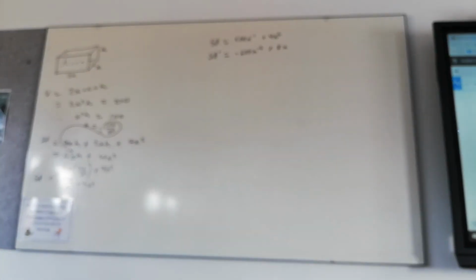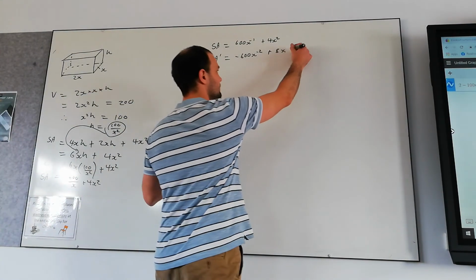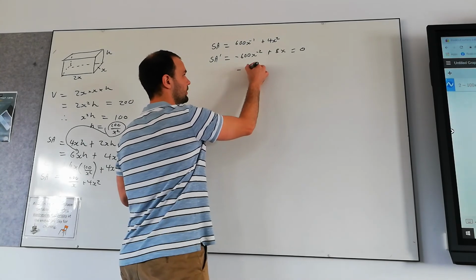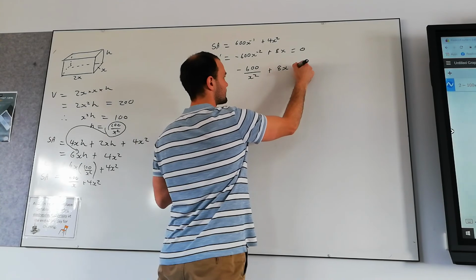Here's where you could leap in and get the sign diagram from your calculator. Let's do it manually. We've got to find when the derivative is 0. So that means we've got minus 600 on x squared plus 8x is 0.